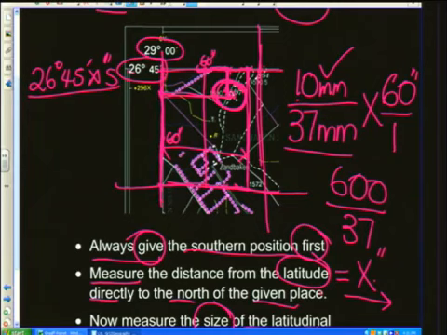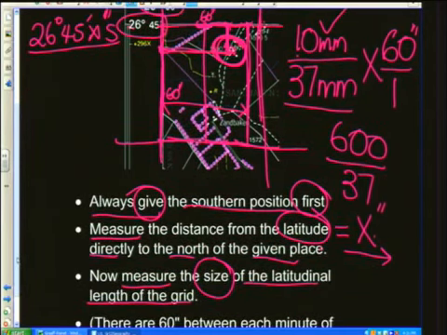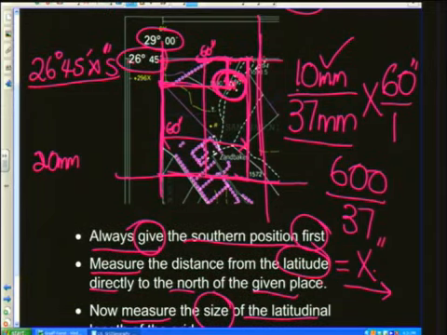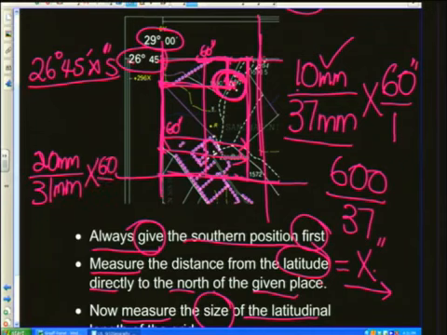In this example, I'm going to use the following: that this is going to be about 20 millimeters. And note, when we're calculating, the distance is always 60 seconds, but in most topographical maps, we divide it by 31, which is the distance between two lines of longitude, and multiply that by 60 over 1.